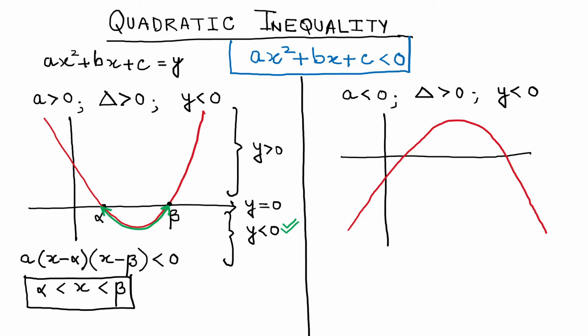The graph just ensures that it intersects with the real x-axis at two distinct points, let's say D and E. We know the x-axis is y equal to 0 and the y-axis is x equal to 0. Let us talk about the area of the graph which has to be considered because of the inequality, which is y less than 0 only. So it is only this area that we are going to consider.